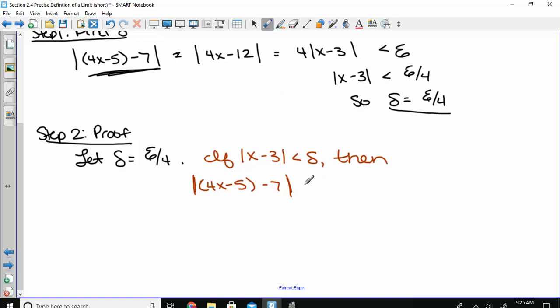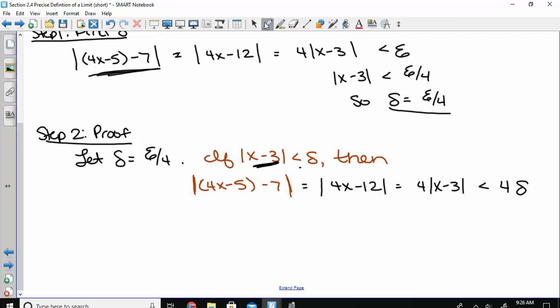So now we're really just repeating what we did up here in our scratch work. This is the absolute value of 4x minus 12. And you can take out that 4 just like we did above. But we said the absolute value of x minus 3 was less than delta. So 4 times this absolute value is less than 4 times delta.